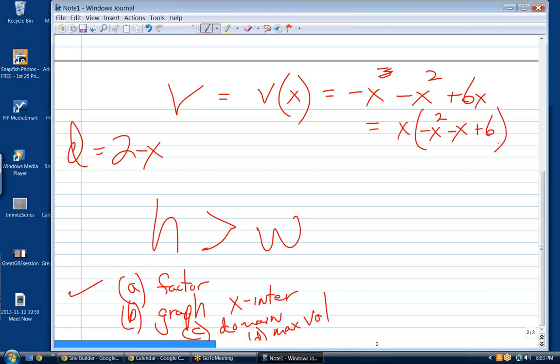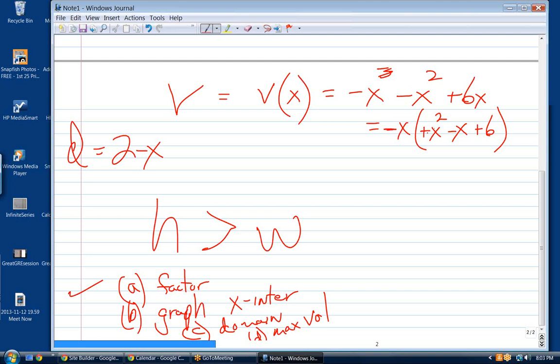Now, if I look at that, that's going to be tough to factor because there's a negative sign in front of the x squared. So what could we do to not have that? I don't know. What if we factored out a negative x instead? Okay.